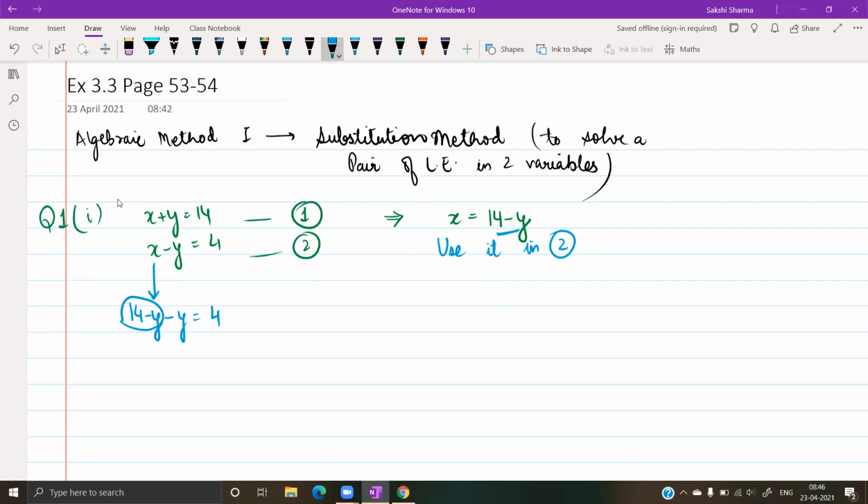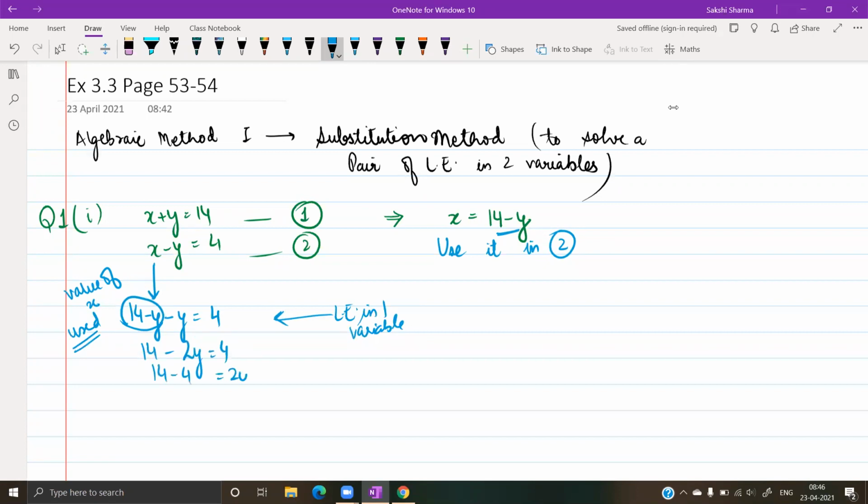You can note down. And then solve this new equation that you have formed, which is equation in one variable. This is a linear equation in one variable, and you know how to find out the answer for this. 14 minus 2y equals to 4.